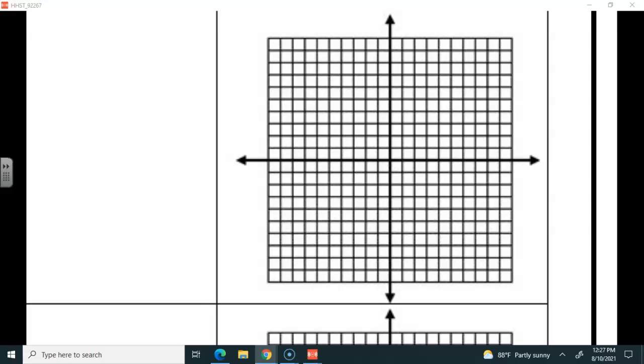Okay, so let's look at another one. What if we had a graph like this. Okay, so first of all, this pair here would be 1, 2, 3, 4, 1, 2. So this ordered pair here would be -4, -2. Okay, so that one there.